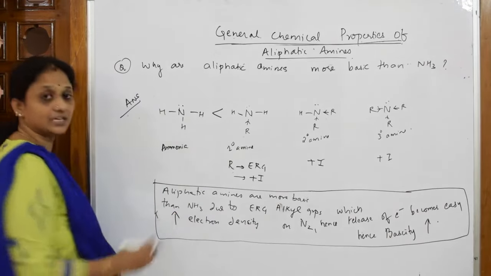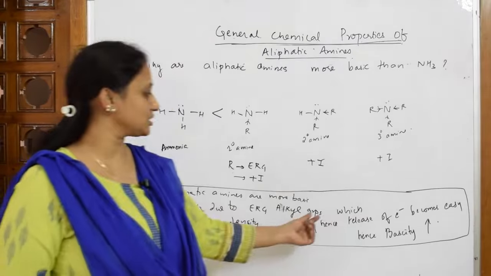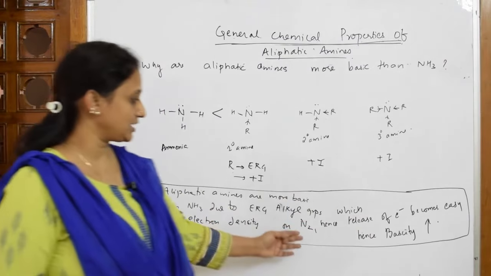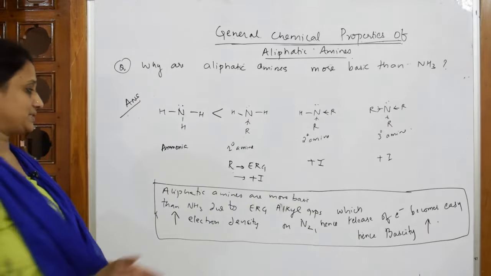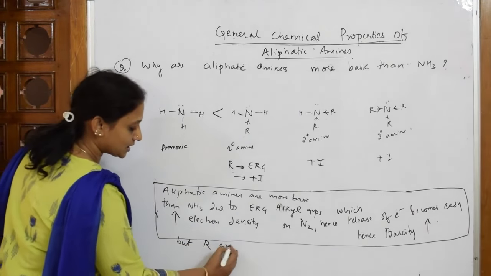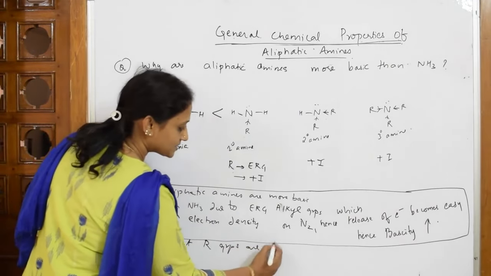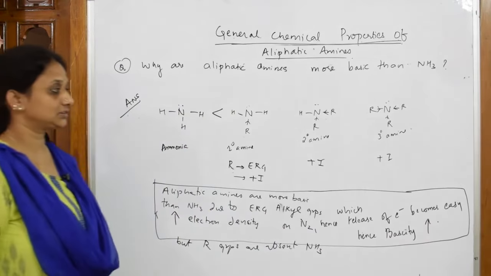This is better, I believe. Now let us read again. Aliphatic amines are more basic than ammonia due to electron releasing groups, which increase electron density on nitrogen. And hence release of electrons becomes easier, so basicity increases. But R groups are absent in ammonia.